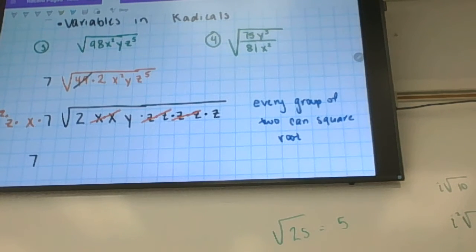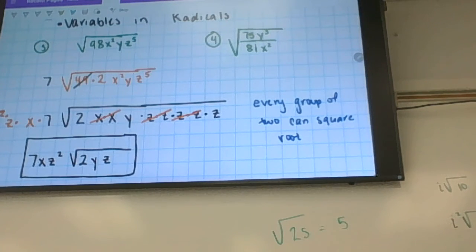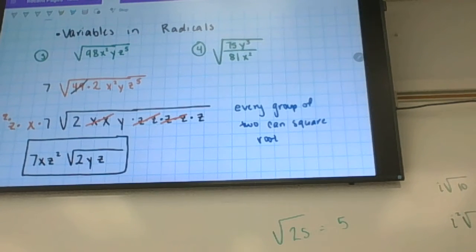So I have 7x z squared square root. What's left underneath is 2yz. That's it. Every group of 2 variables brings 1 to the outside.